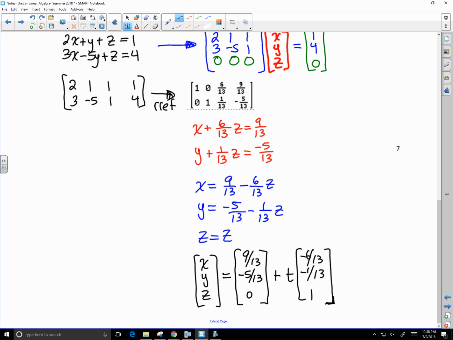It should look and feel like the equation of a line. A parametrically defined equation of a line.